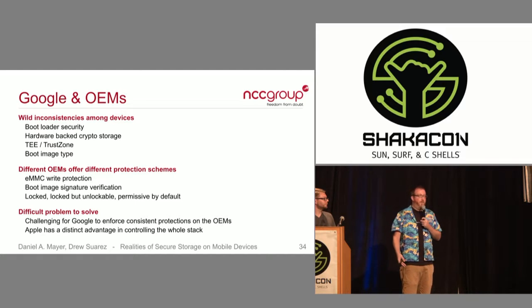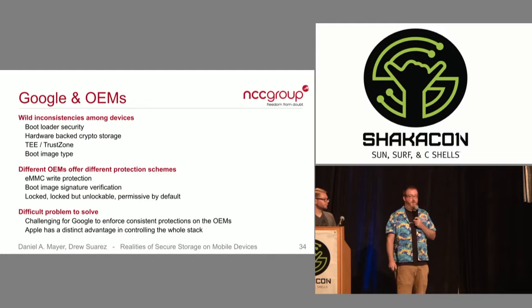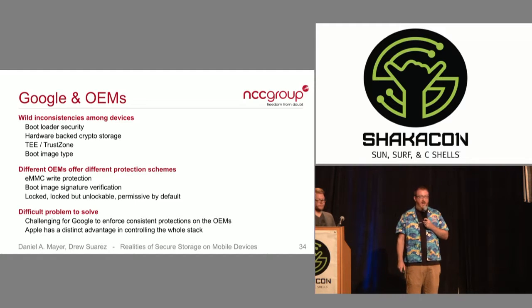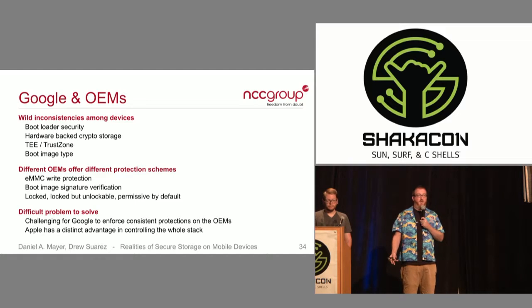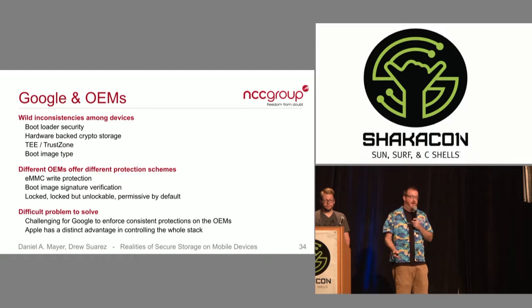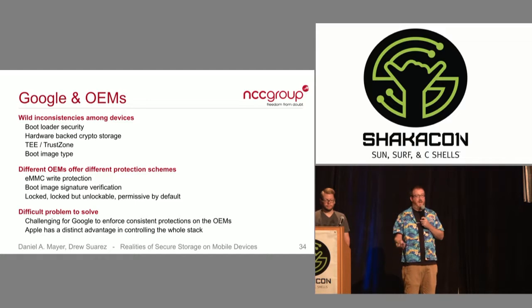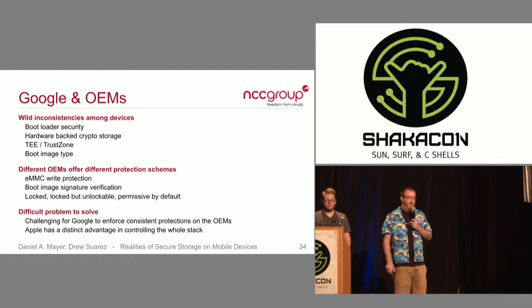The presence of hardware-backed crypto storage or not, as I mentioned, the existence of a trusted execution environment such as TrustZone may or may not exist on the budget devices you're buying. And even the boot image type can't be agreed upon. So you see lots of different image types, and if you're starting to look at things like that and take them apart, you're going to see a lot of different behavior out there.